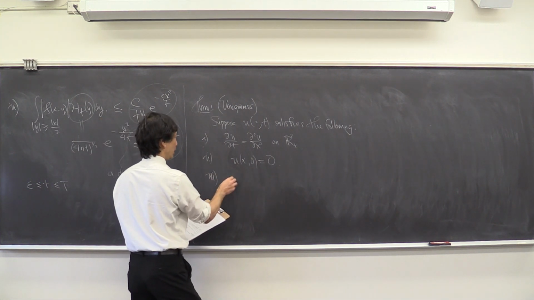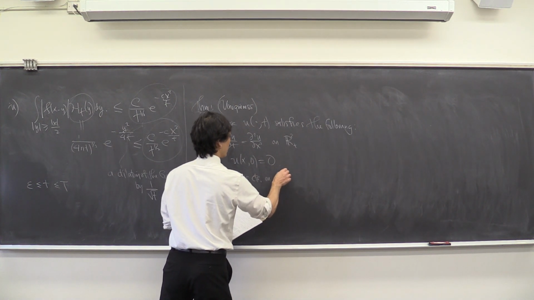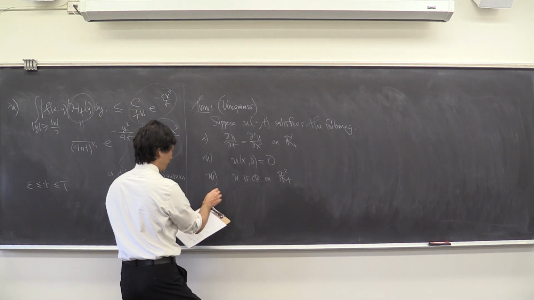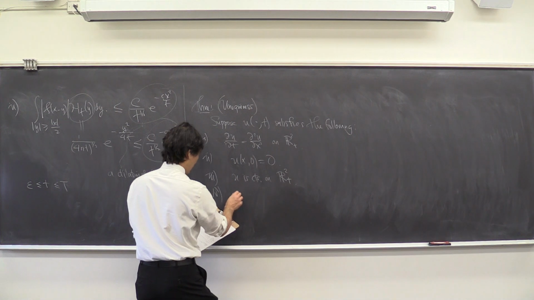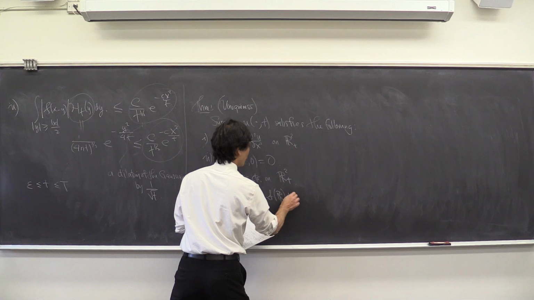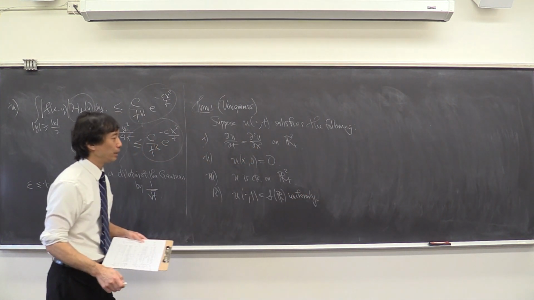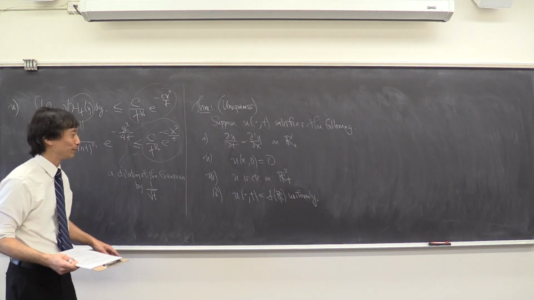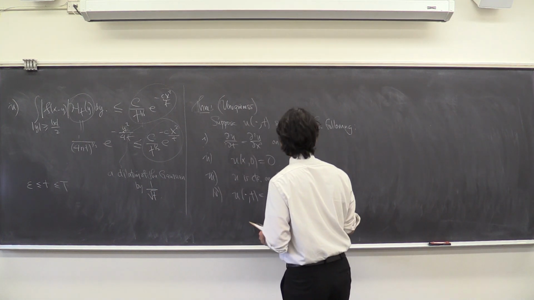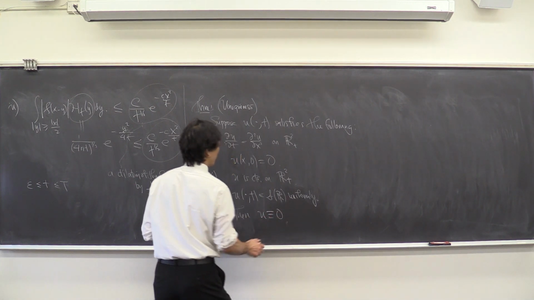Three, u is continuous on the closed upper half plane. And four, u is in the Schwartz class uniformly, in whatever sense. Then u must be 0 everywhere.